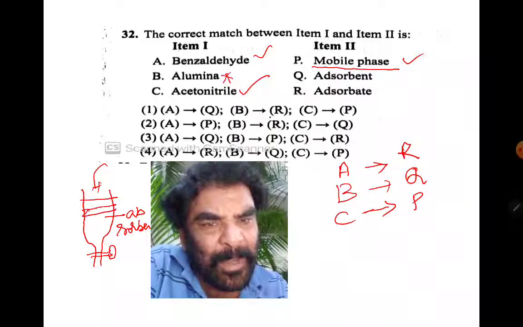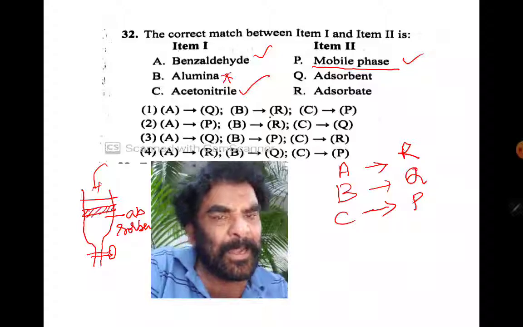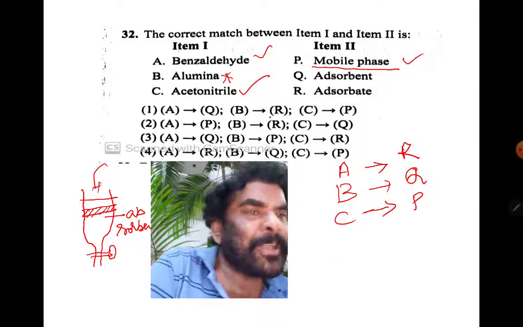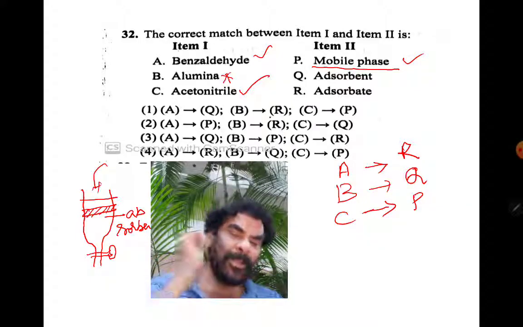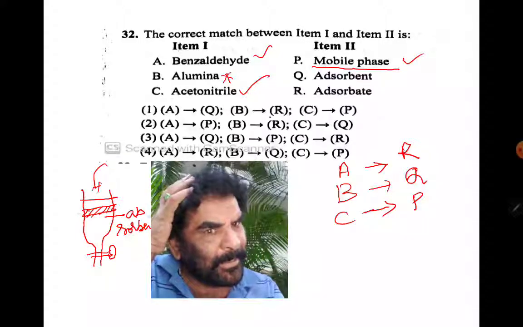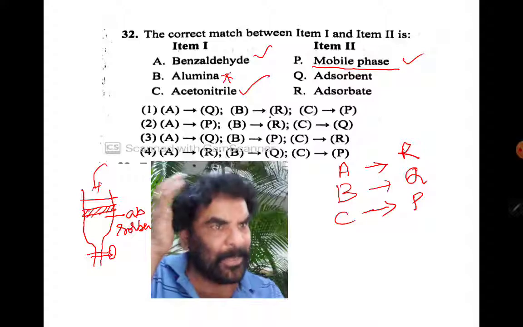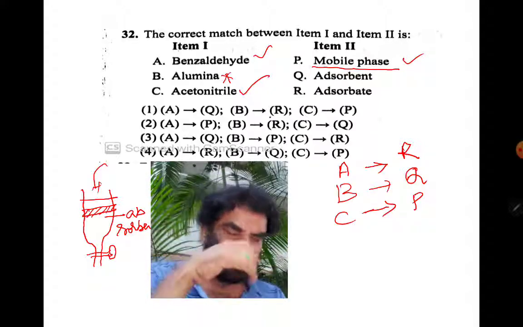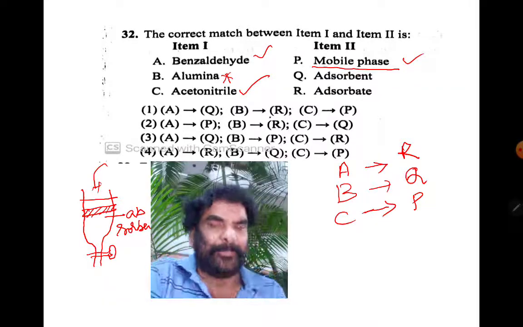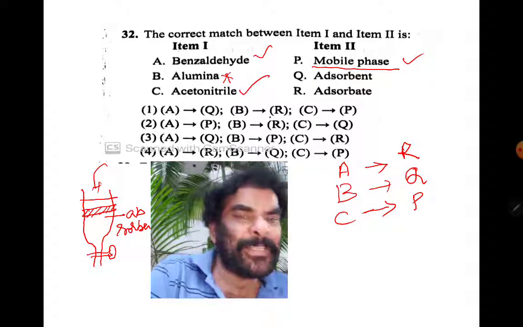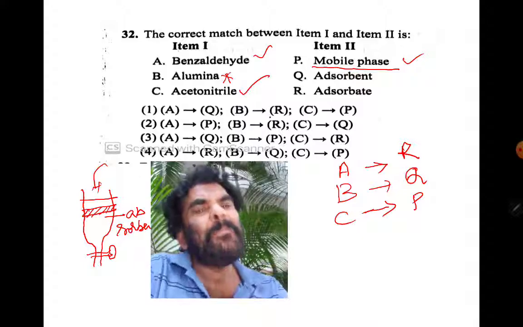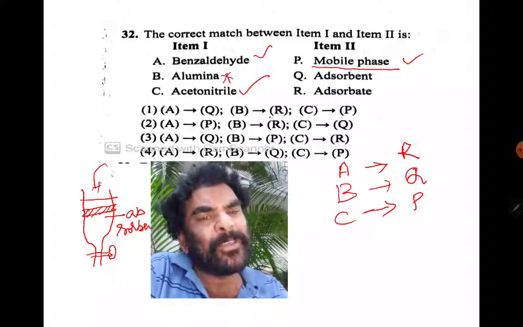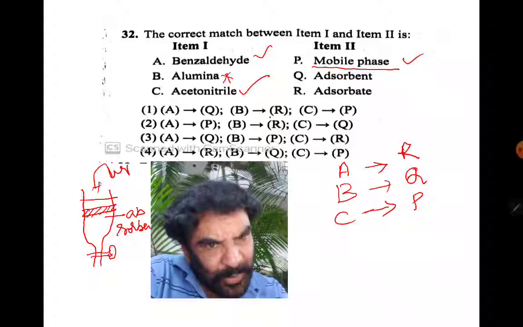Then the adsorbate, benzaldehyde, is held on the surface of the adsorbent. Now to remove it from the surface of the adsorbent, some suitable liquid is used, so that it comes out.